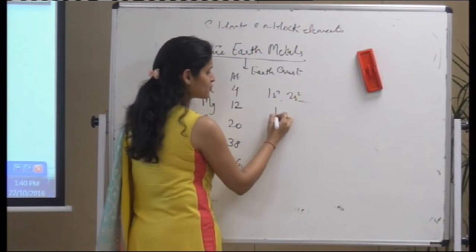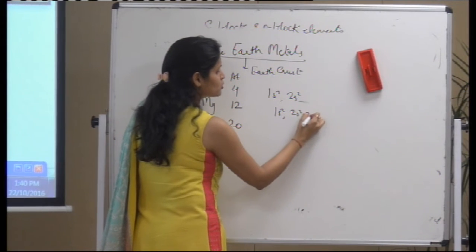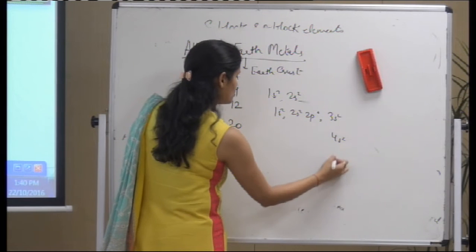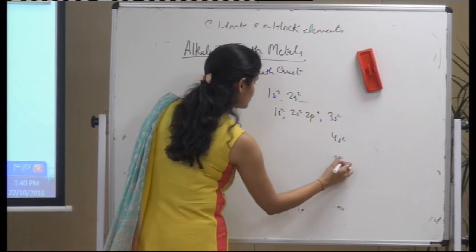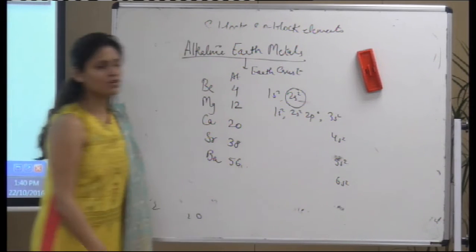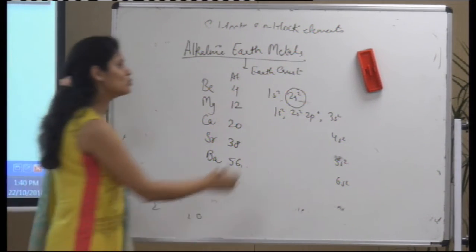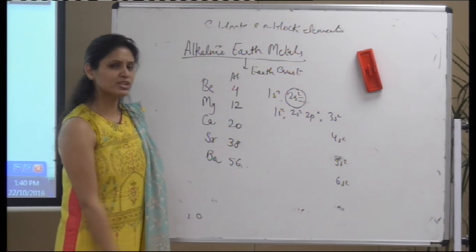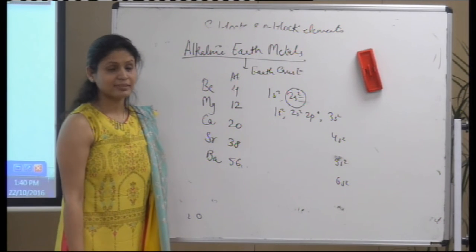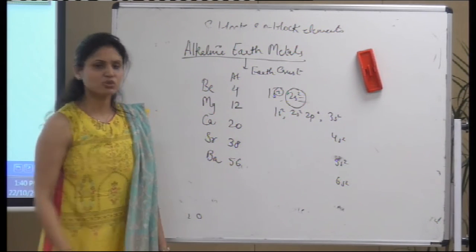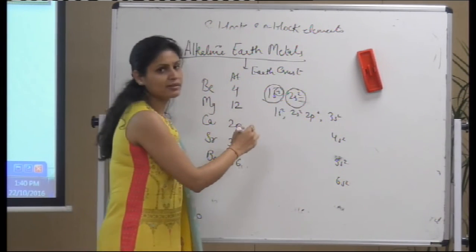Then for magnesium 1s2, 2s2, 2p6, 3s2. Then similarly 4s2, 5s2 and then 6s2. We can see from the electronic configuration that it can lose either one electron or two electrons. Can it lose more than two electrons? It can, but it will require a large amount of energy to disturb this shell.